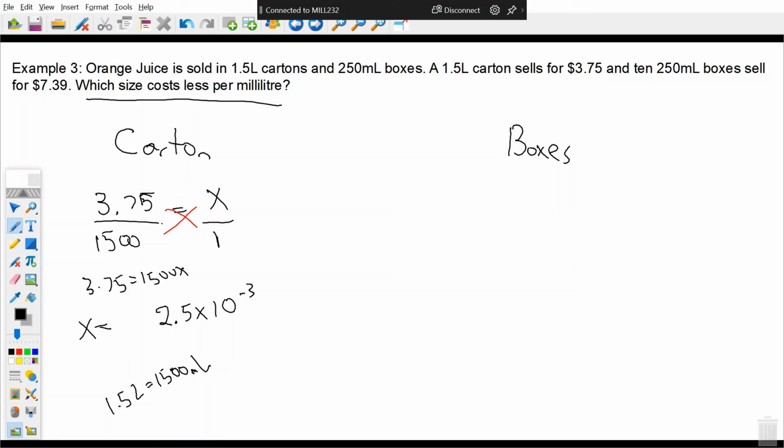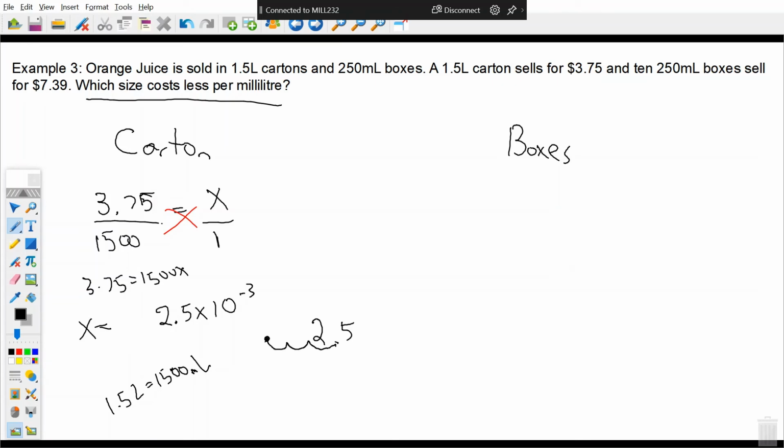You might have done some of this in science. I'll just do a quick scientific notation reminder. It's 2.5 times 10 to the negative 3. If we wanted to convert that to an actual decimal, it's negative, so we have to move the decimal spot 3 spots to the left. So it's right here: 1, 2, 3.